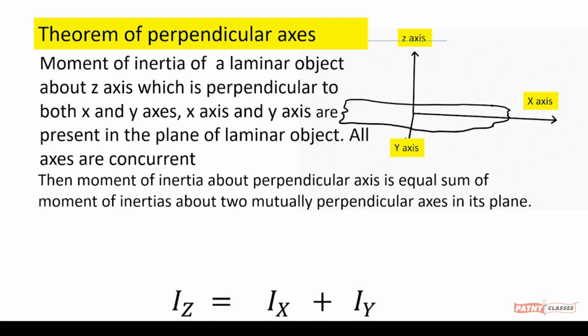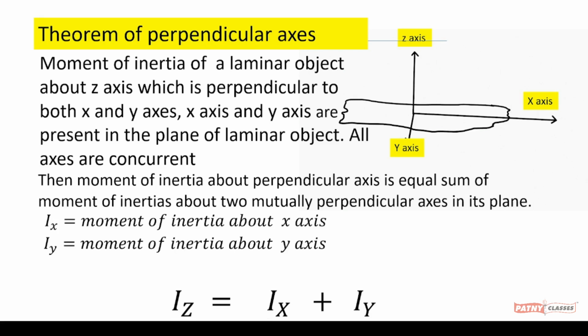Therefore, Iz equals Ix plus Iy, where Ix is the moment of inertia about the x-axis, Iy about the y-axis, and Iz about the z-axis.